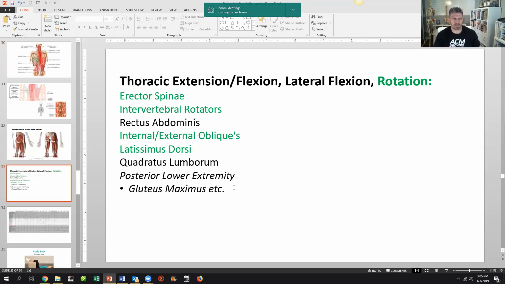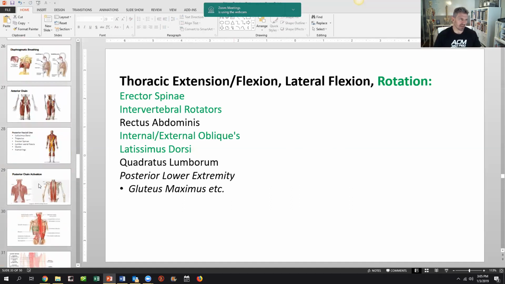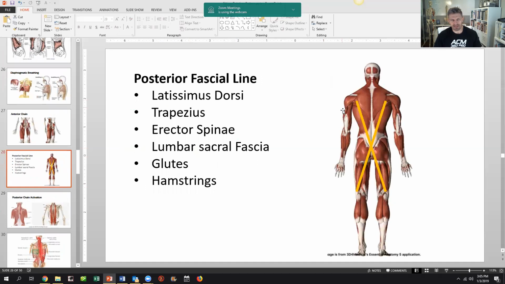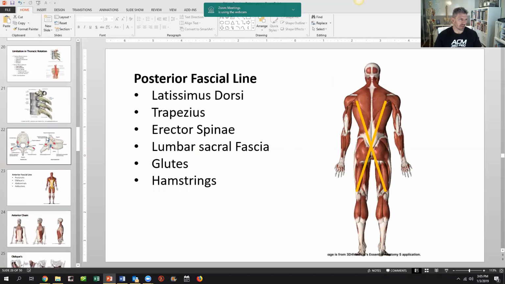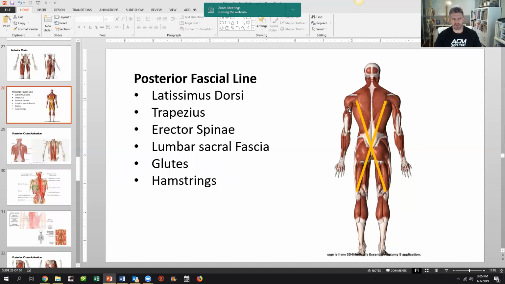And the posterior lower extremity, again, glute maximus being a big contributor to stabilization, as well as that posterior fascial line, hamstrings, adductors, adductor magnus. They're all contributing to stability up in the torso. And if you really just think about it from a very simplistic standpoint, the upper body and the mass of the upper body is all balanced on, I don't have a picture of the spine, but if you just imagine the muscle stripped away, you've got this rib cage, musculature, bones, everything balanced on a little stick over the pelvis.